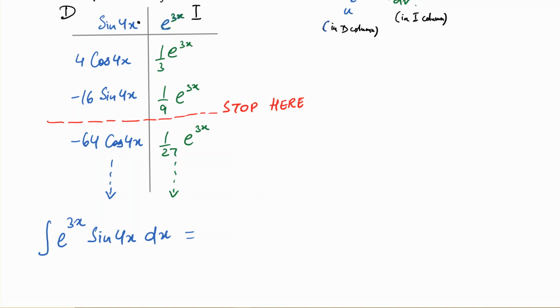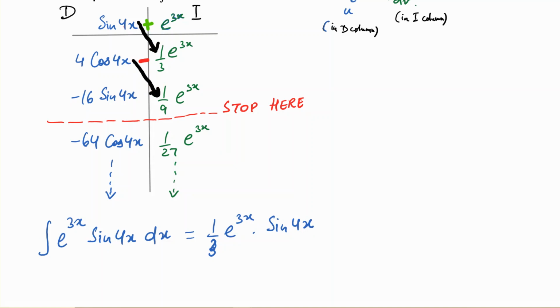First we're going to go diagonally, and for this one we're going to use a positive sign. We get 1/3 of e raised to power 3x times sine 4x. Then we're going to take the next term. Again, we're going to go diagonally and we're going to use the negative.